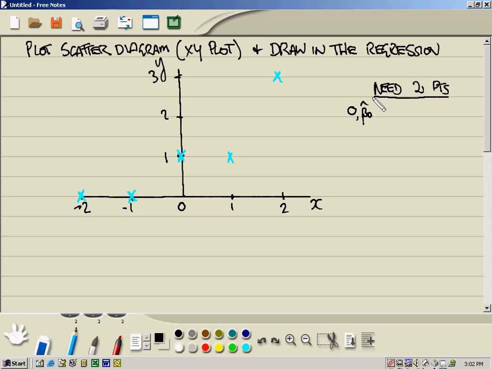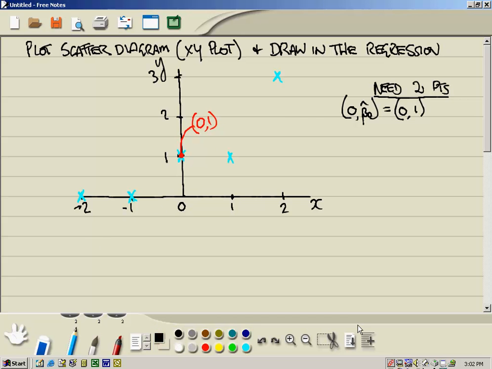The first point is the intercept, where x is equal to 0 and y is beta hat 0. Beta hat 0 in our example was 1, and let's change the color on that. That's already where we have a point, so that is over here. Okay, so this is the point 0, 1, the intercept.